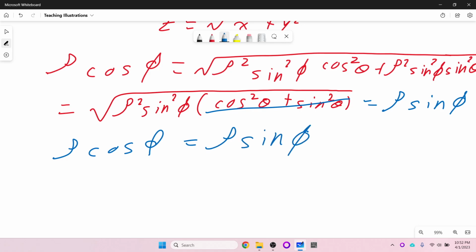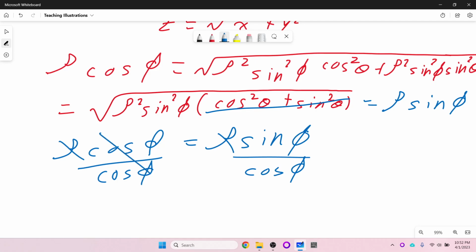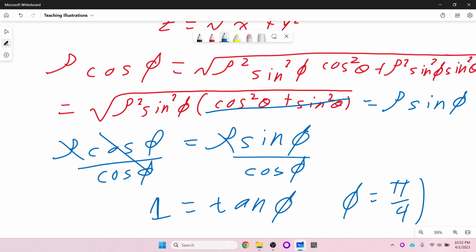So we can divide out the rho as long as it's not 0, which is the endpoint. Sorry, divide by cosine on both sides here, and we get 1 equals tangent of phi. And so from your unit circle, what angle has tangent of phi equal to 1? It is pi over 4.